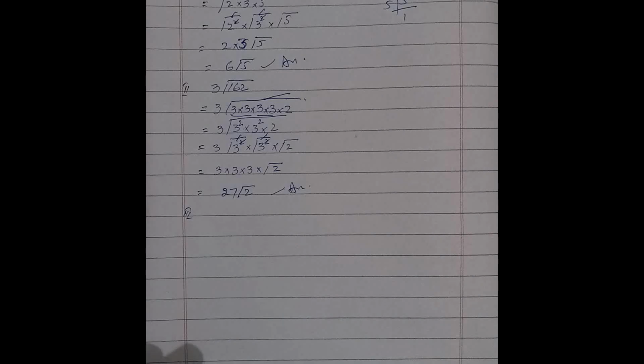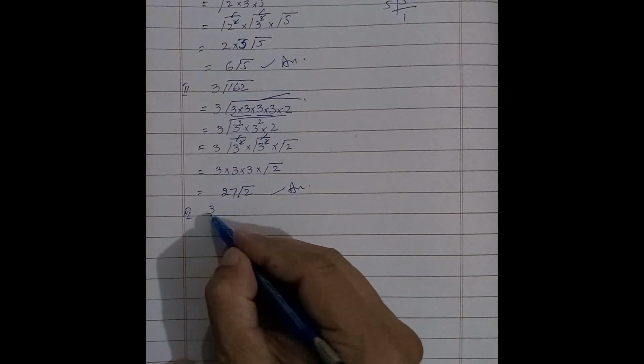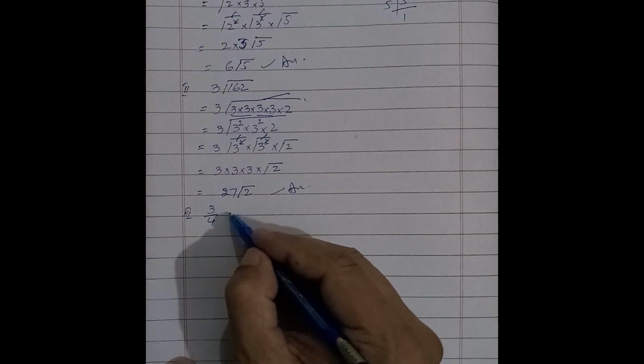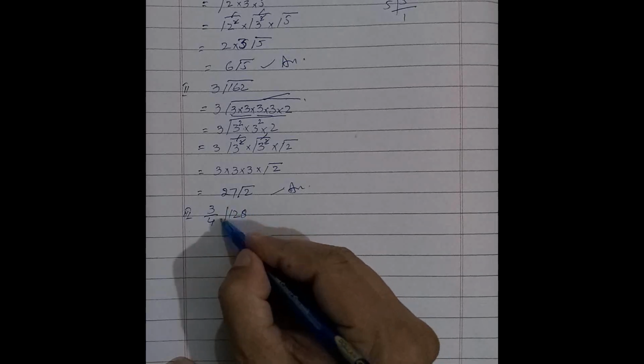The third part is 3 over 4 of the cube root of 128. It is not a square root, it is a cube root, but the method is the same.